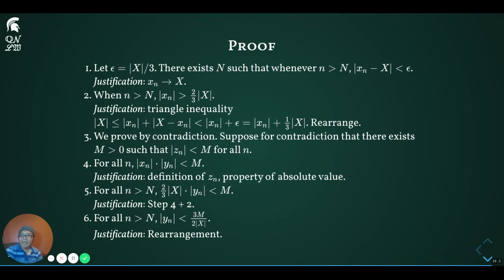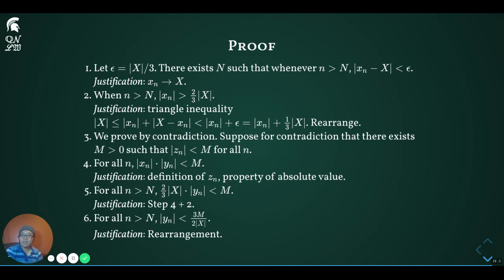Doing a little bit of gymnastics with the inequality, we see that since we can write capital X as the sum of x sub n with the difference between capital X and x sub n, using the triangle inequality, we can see that the absolute value of capital X is less than the absolute value of x sub n plus epsilon.